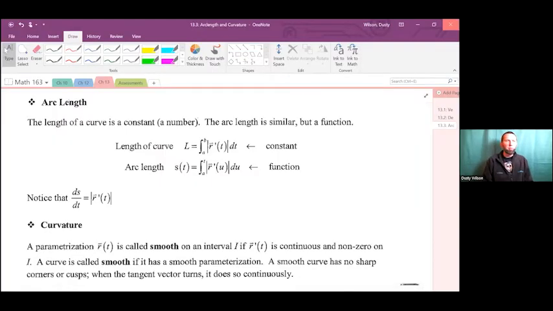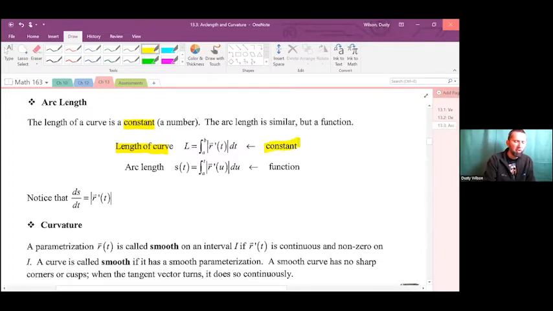The previous section was about length. This next section is about arc length. The length of a curve is a constant, or a number. The arc length is similar, but is a function. We define the length of the curve, which is the constant, to be the integral from a to b of the absolute value of r'(t) dt.